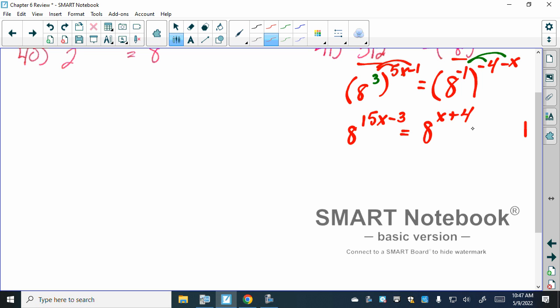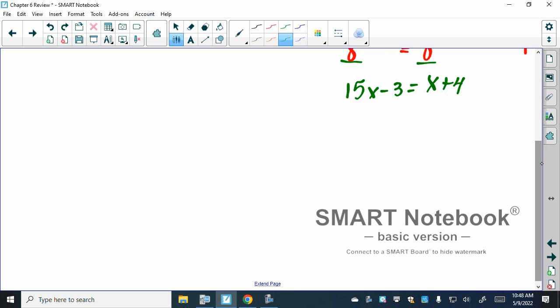I switched the order because we could say 4 plus x or x plus 4. Either one's going to give us the same thing. And since the bases are the same, 8 and 8, it means the exponents have to be the same as well. So 15x minus 3 is going to be the same as x plus 4.